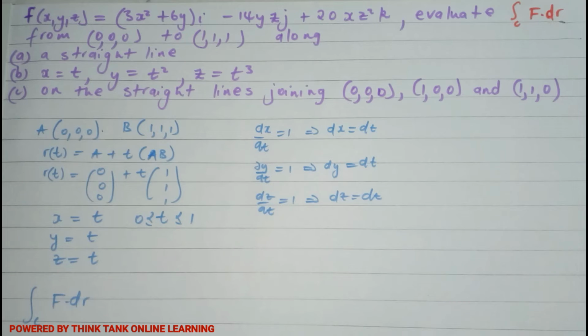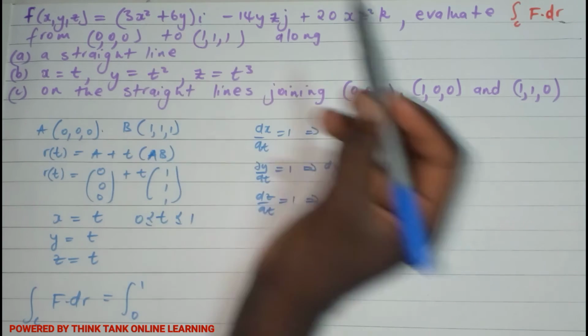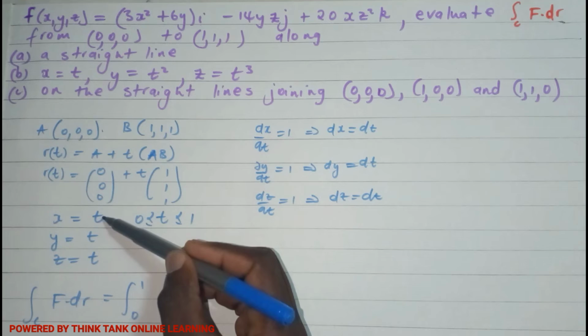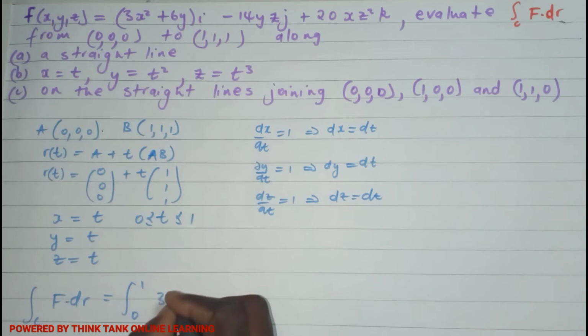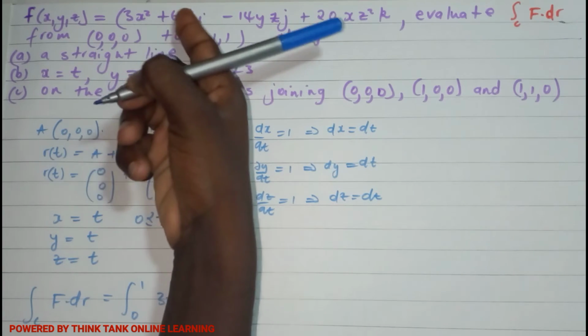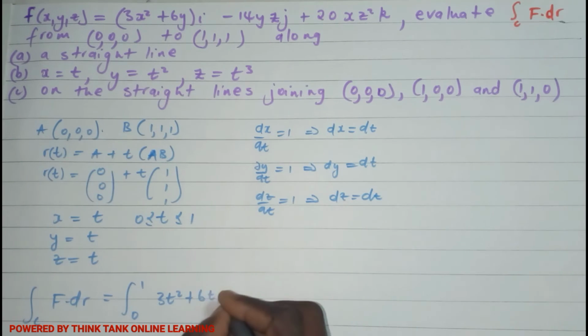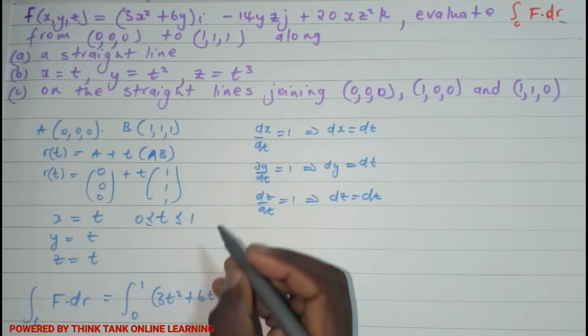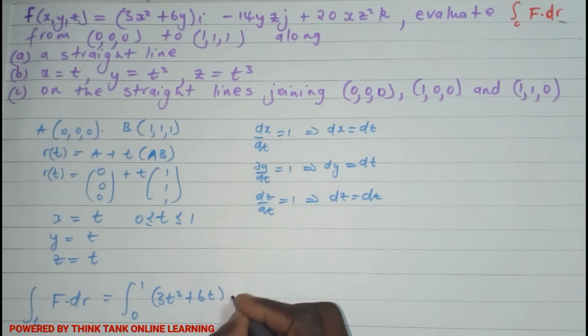Now let's perform our line integral. We said t ranges from 0 to 1. We have 3x here, but the value of x is t, so we have 3t squared plus 6t. For i, which is dx, we get dt.